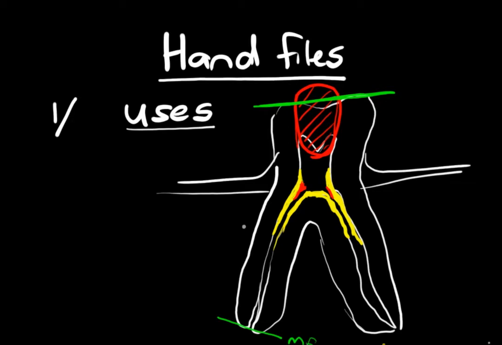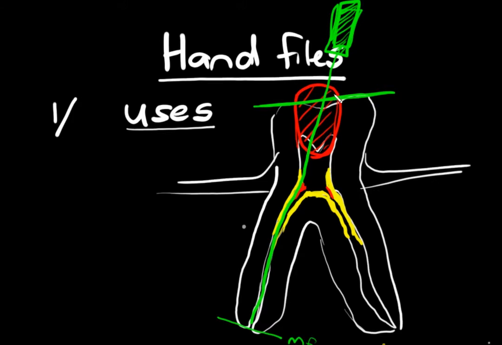which I'll do shortly. But the file will extend, so here will be the handle of the file up here. And the file will traverse the pulp chamber into the canal and then get to the minor foramen, or the minor constriction. So minor foramen, minor constriction, depending on what you like to call it.